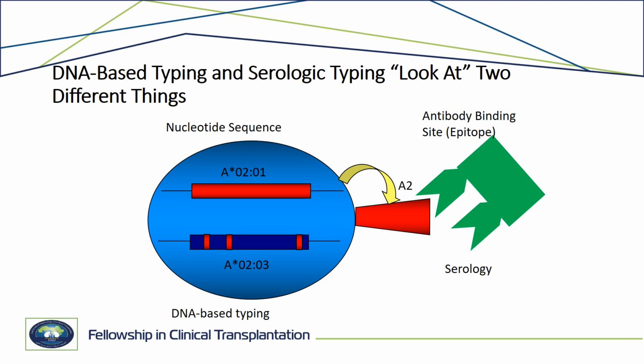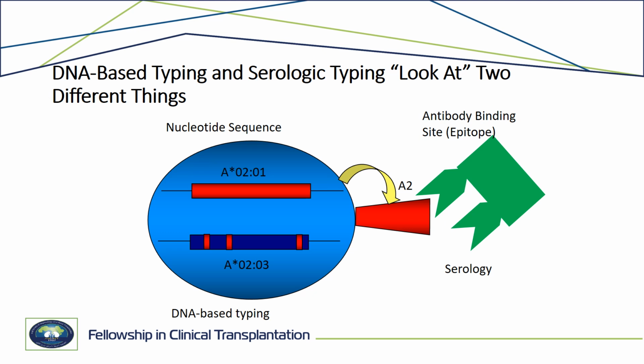And this patient is typed as heterozygous, meaning there are two different alleles of the A02. One of them is A0201 and one of them is A0203. When these alleles form the protein, it is going to be expressed on the cell surface. However, this protein is going to be an A2 protein because both of them will form the same protein, but they have different genes.